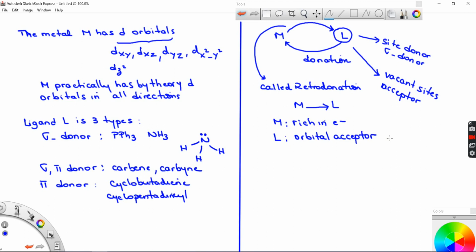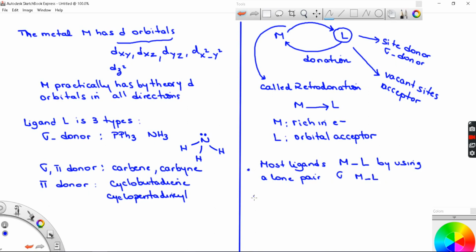Most ligands form the M-L bond by using a lone pair. So this is sigma M-L.